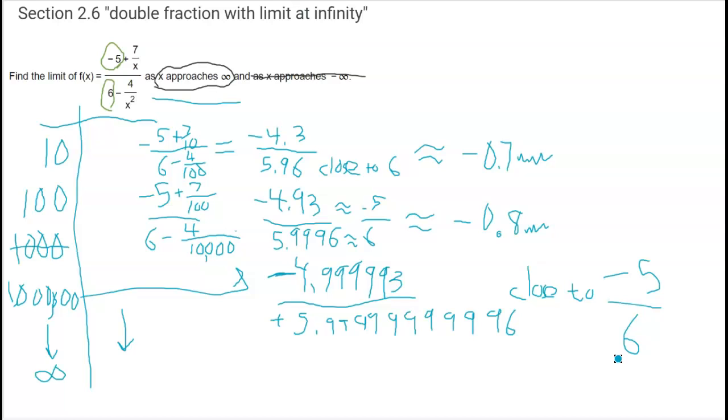You'd have to recognize that -0.8333333 repeating would match -5/6. On a multiple choice, you could probably reverse engineer that. It's kind of unfortunate that you get decimal answers all the time if you're using a calculator. But here's the point.